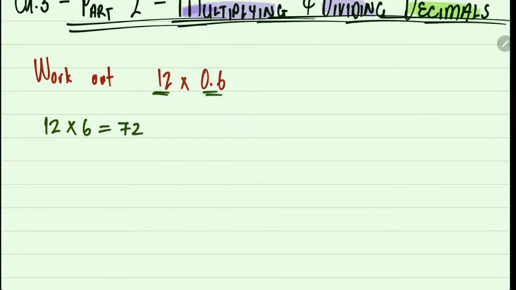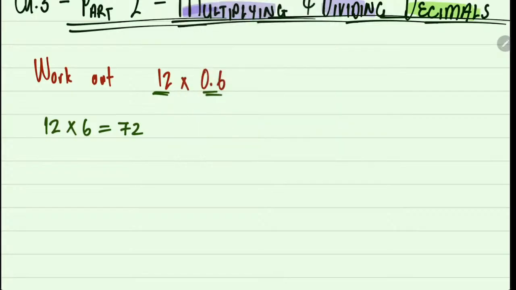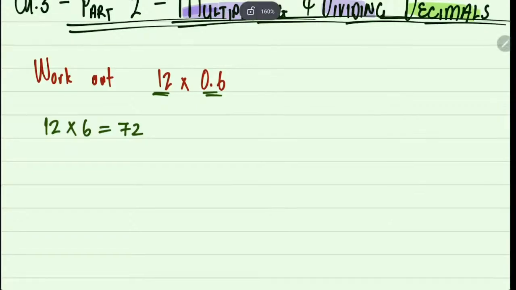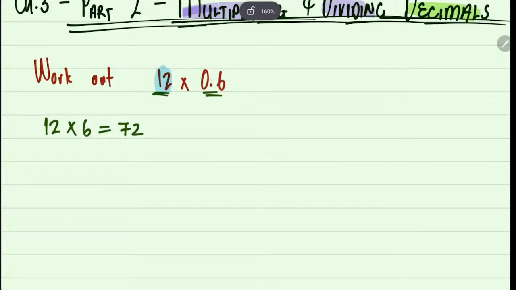Am I audible? I want you to keep your calculator close to you so that when I ask you, you can quickly do it. The first thing you do is treat them as whole numbers. I don't want to see any number with a comma.